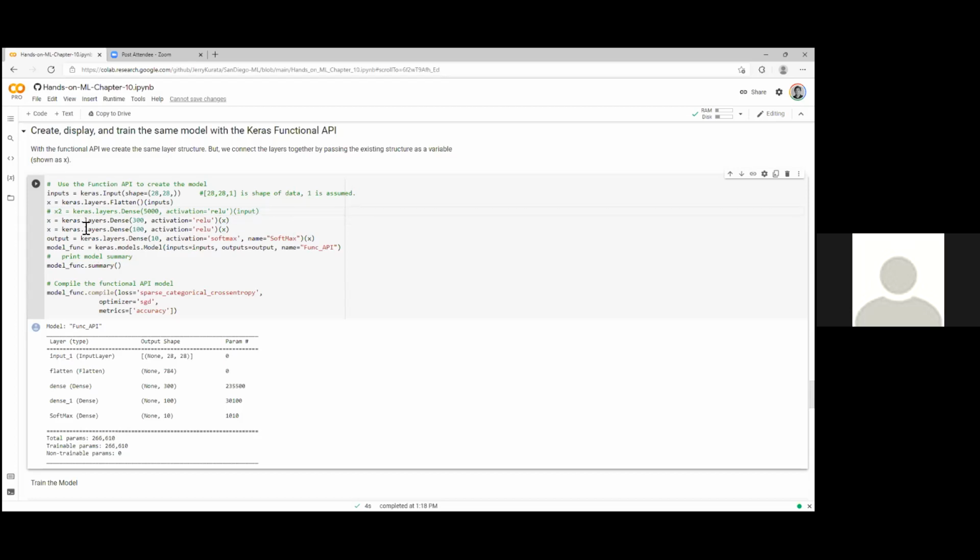If it was MNIST data, because it's so trivial, I only need 30 neurons in the next layer. So I could say if it's MNIST, not fashion MNIST, then go down here and do the same thing. Let's just do this here.